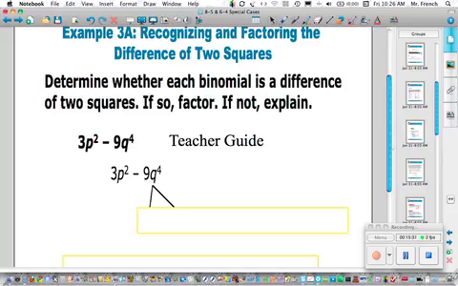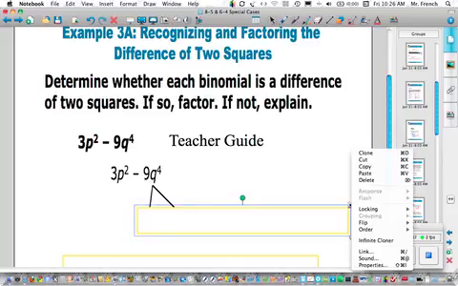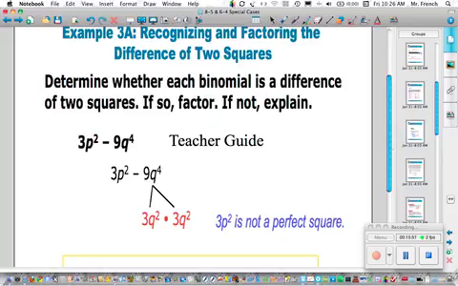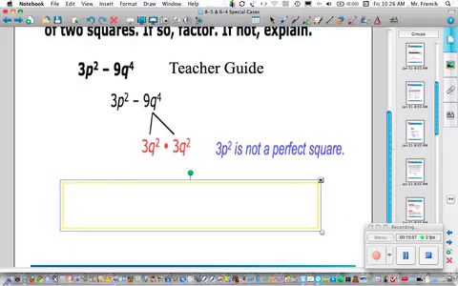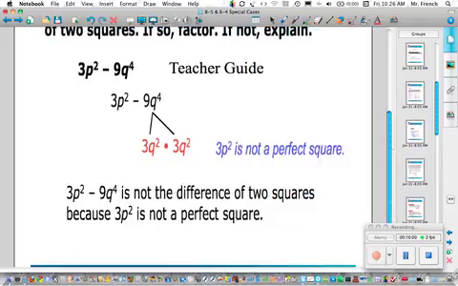No. Is 9 a perfect square? Yes. Is q to the 4th a perfect square? Yes. But because 3 is not, and group 1, person 3, that answered your question, since one of them is not a perfect square, you cannot factor it as a difference of 2 squares.